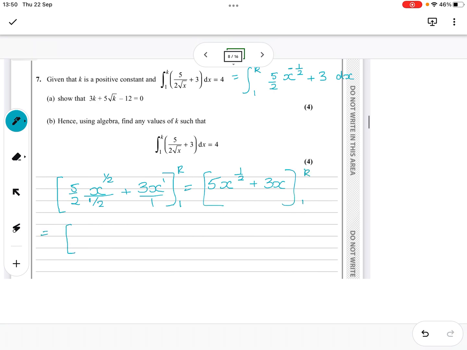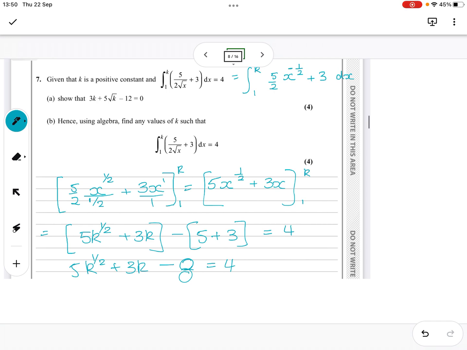So if I sub in my k, I've got 5k to the half plus 3k, take away 5 plus 3, so 1 to the half and 1. And that's still equal to 4. So I've got 5k to the half plus 3k minus 8, I don't know where I got that 2 from, equals 4.